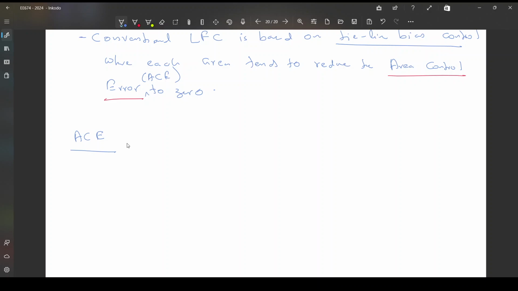For area i, we can write the area control error as ACE_i equals the sum over j equals 1 to n of delta P_ij plus K_i delta omega, right? So this is the tie line power flow.